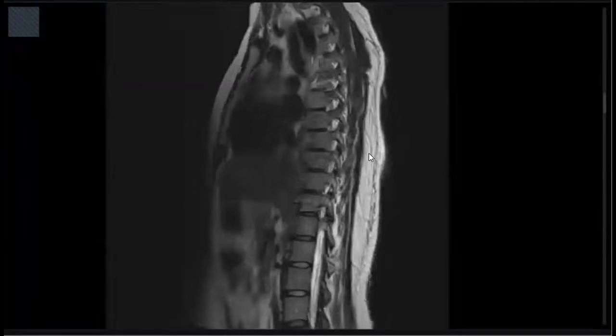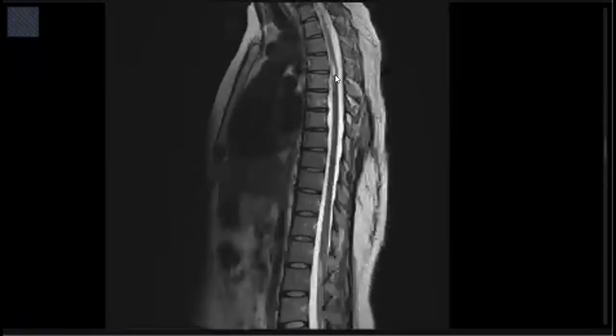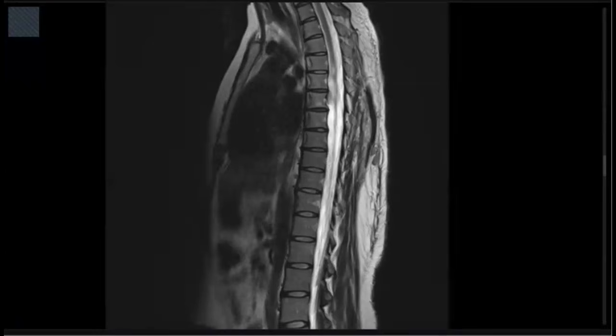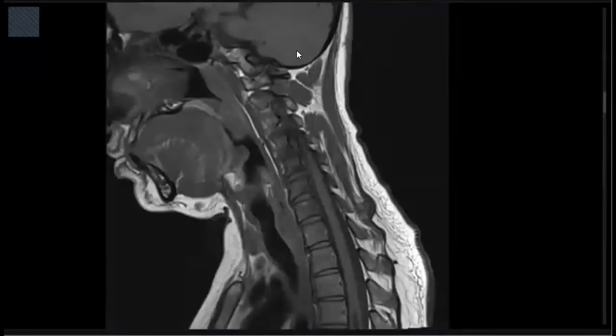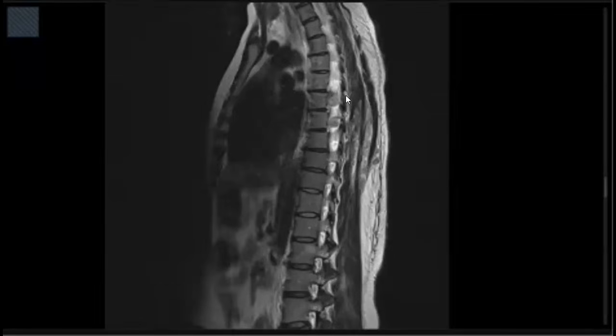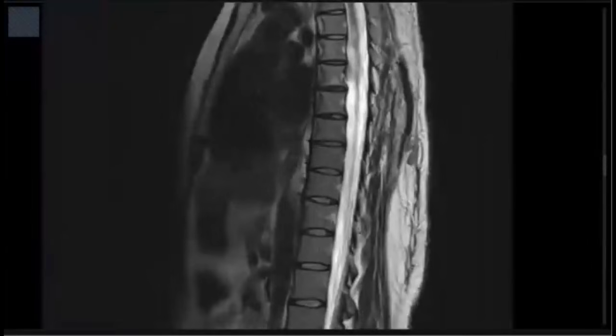Syrinx in itself is not a pathology, but it is associated with other causes like Chiari malformation, but here there is no Chiari malformation. If you look here, there is some posterior scalloping of the spine, here and here.